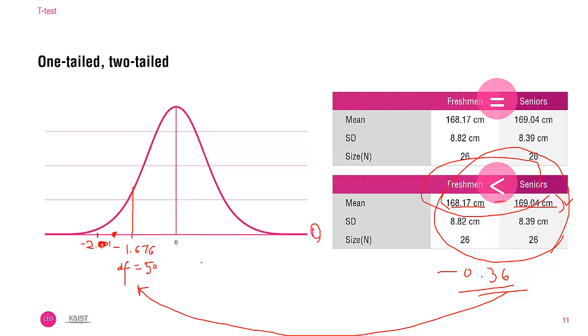In this case, depending on how many tails we take into consideration, the conclusion may differ. Also, with a one-tailed test, with a smaller mean difference, we can easily reach the threshold. In other words, in order to obtain statistical significance with a two-tailed test, we need a larger mean difference than with the one-tailed test. Therefore, that is the reason why the two-tailed test is for a more scientific and stringent study.